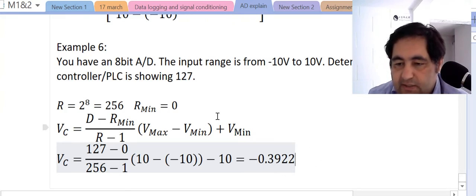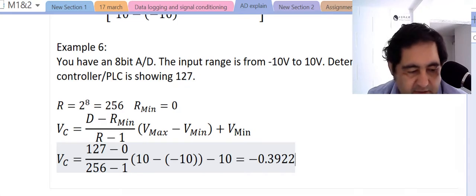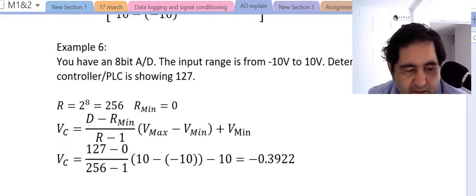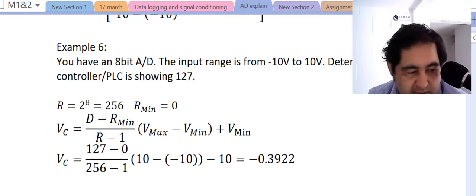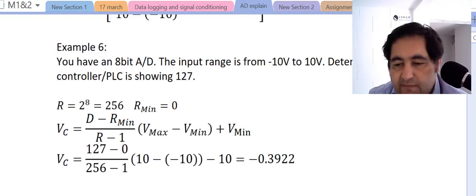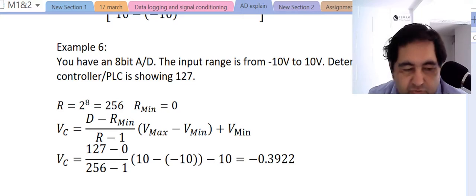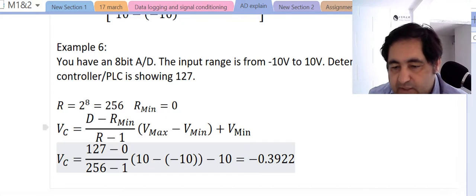So basically the number 127 is not really 127. So what is it? 127 is what we're getting, but the real value that we have is minus 0.3922.